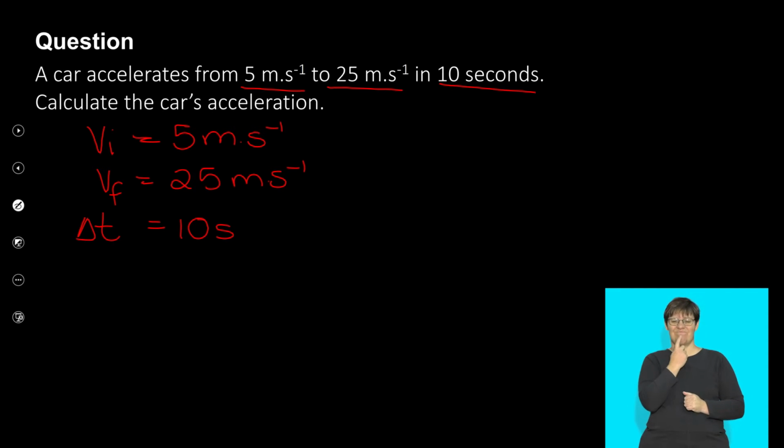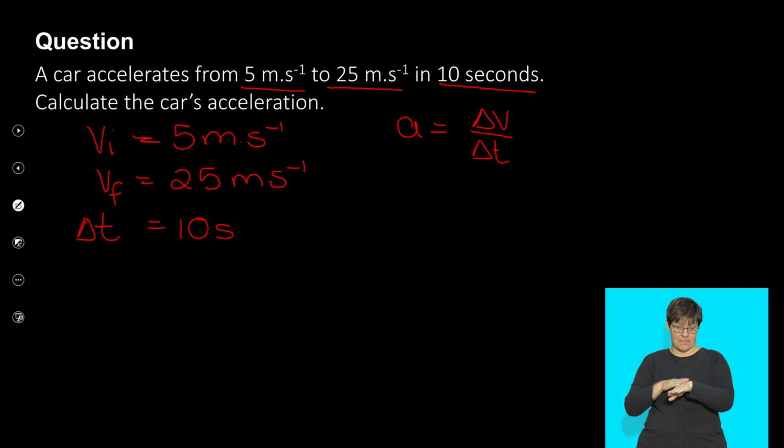Now, it's been a while since we did this, so sometimes we've got to refresh our memories. Acceleration is the rate of change of velocity. So acceleration tells me how quickly or how slowly the velocity changes. That means acceleration is change in velocity over change in time.